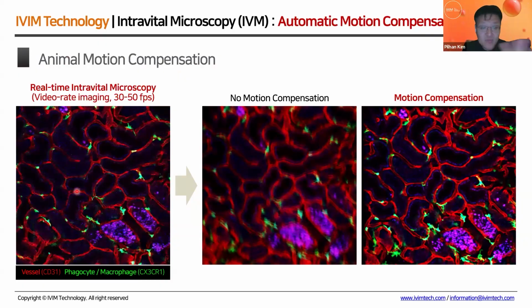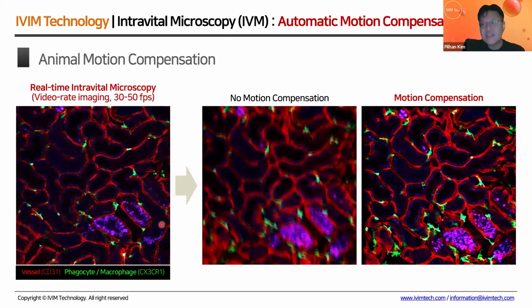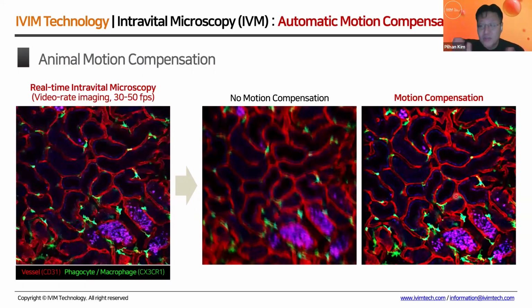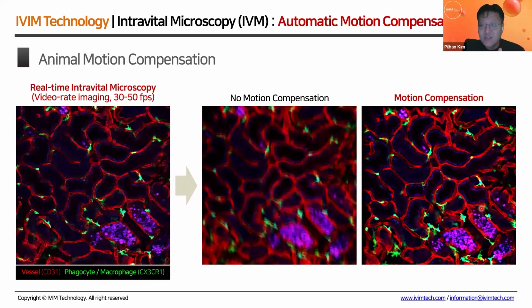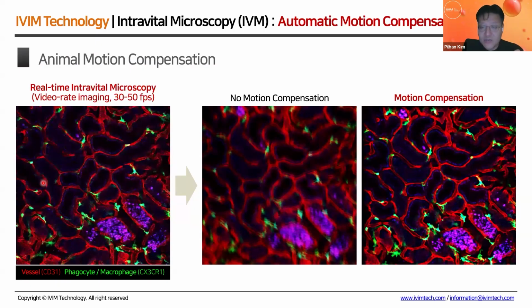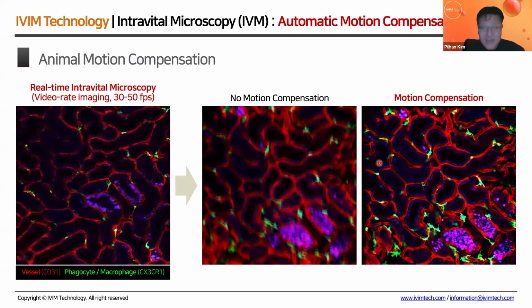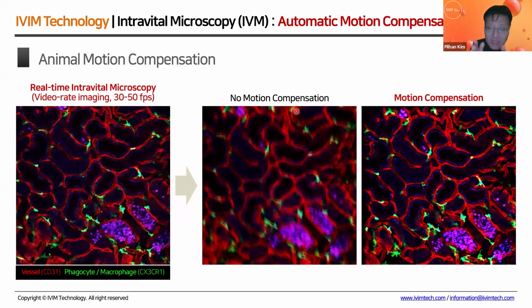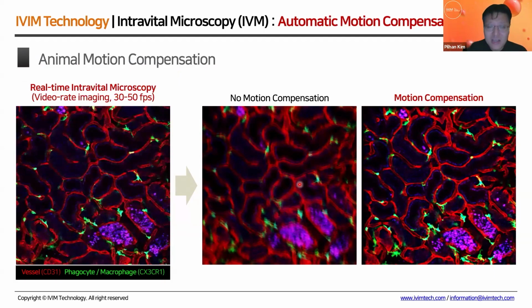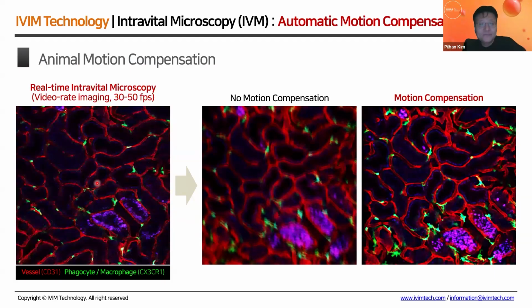From this kind of moving tissue, we can very nicely generate high resolution, high SNR, very clean images. If your microscope is slow, like 1 frame per second or 2 frames per second, then you will always suffer this kind of image blurring due to the tissue motions.